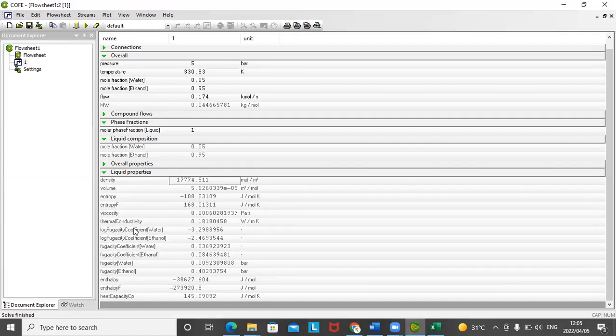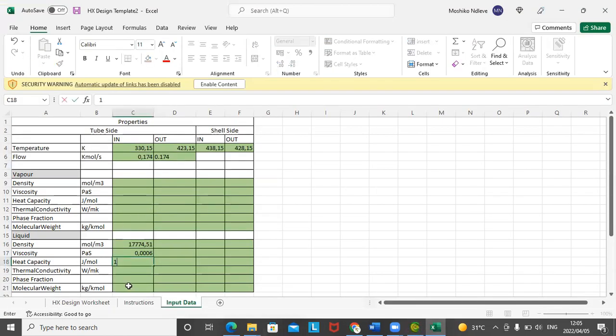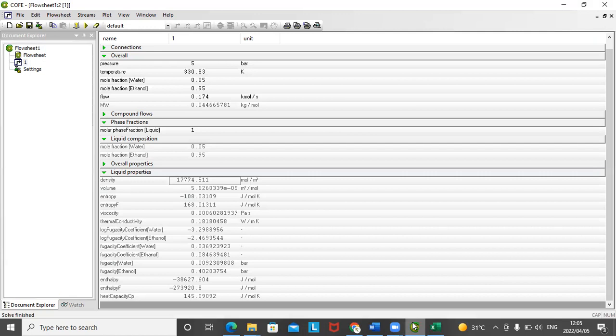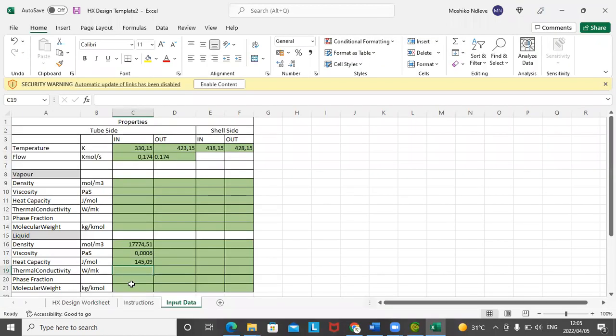Our heat capacity down here is 145.09. And then we need our thermal conductivity. 0.181. Put that in. And then your phase fraction is 1 in this case.